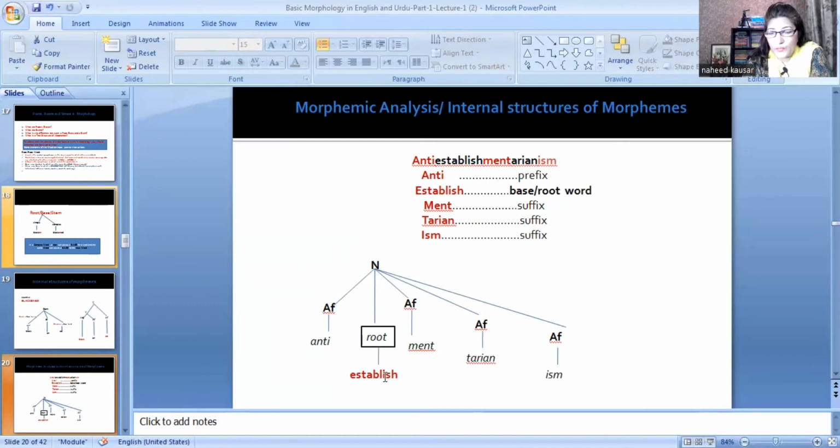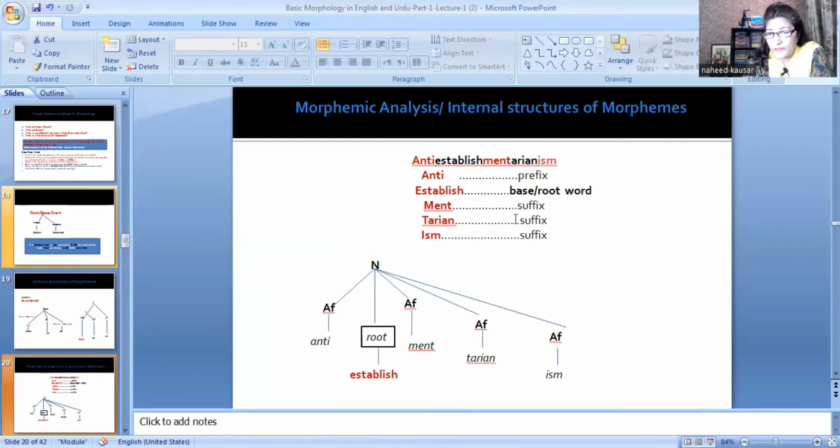Then establish is the root, and after that ment was another affix, which was a suffix because it came after the root word establish, and then arian, another affix, which is basically a suffix. Why? Because it is coming after the root word. And then at the last, ism is another affix, which is again a suffix.